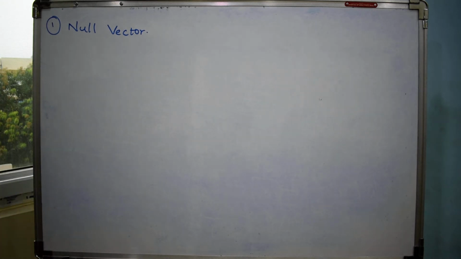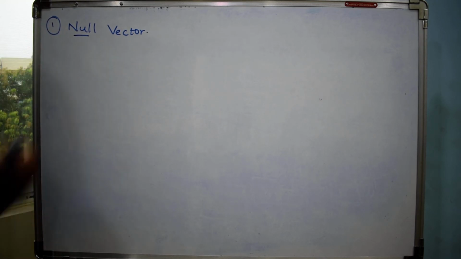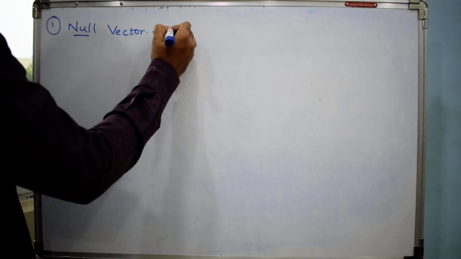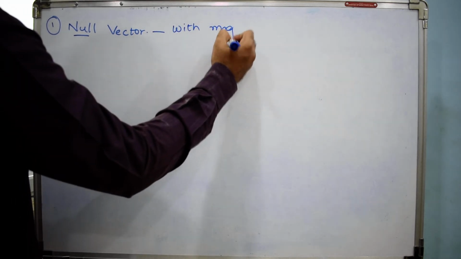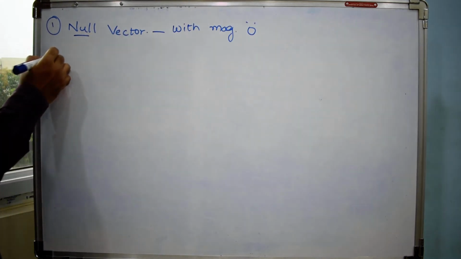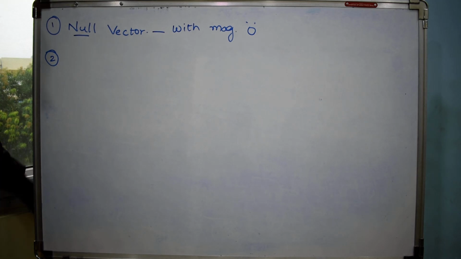The first one is a null vector. Null represents nothing or 0. So a vector with magnitude 0 is called a null vector. Suppose you have a vector whose magnitude is equal to 0, then it's called a null vector.